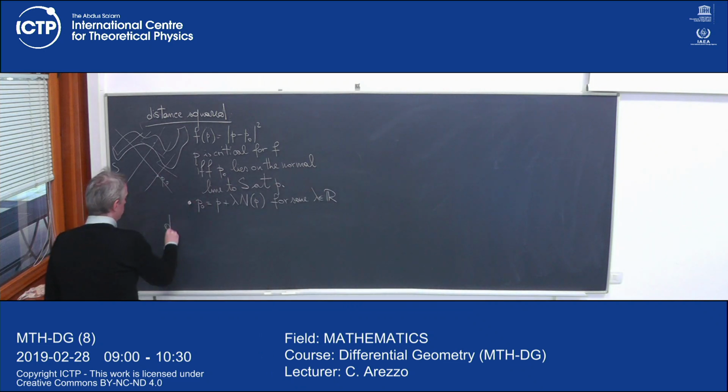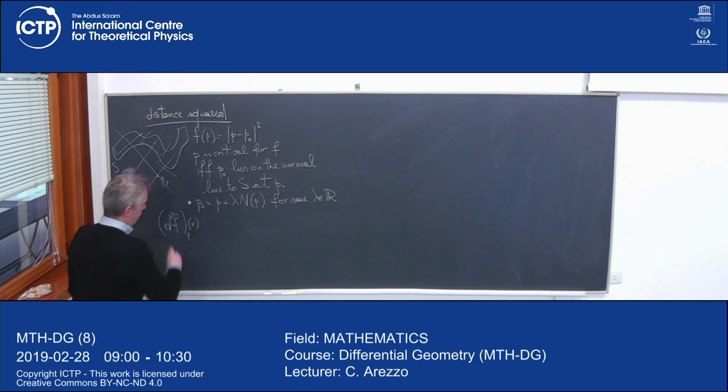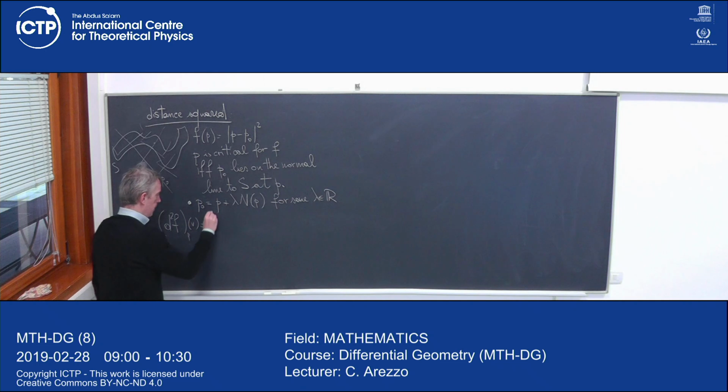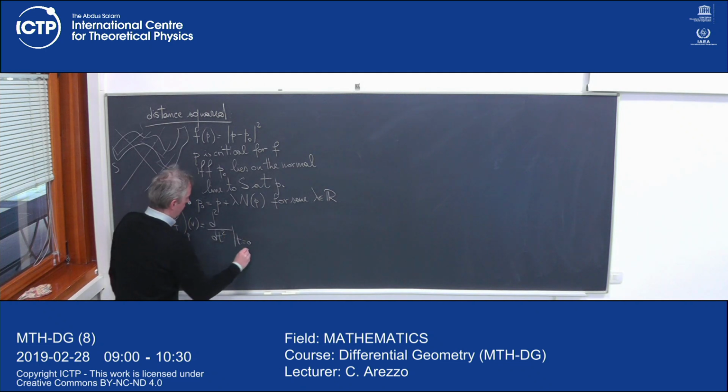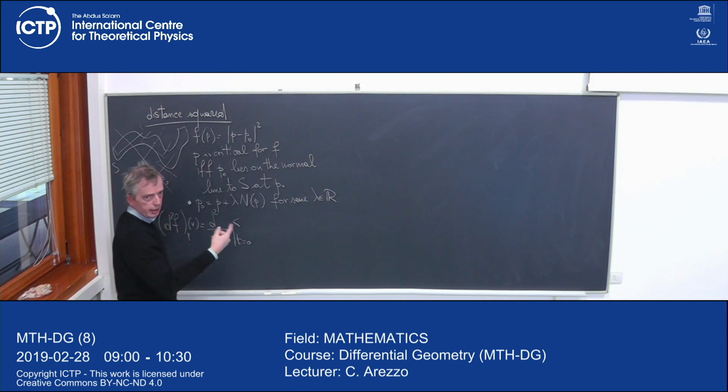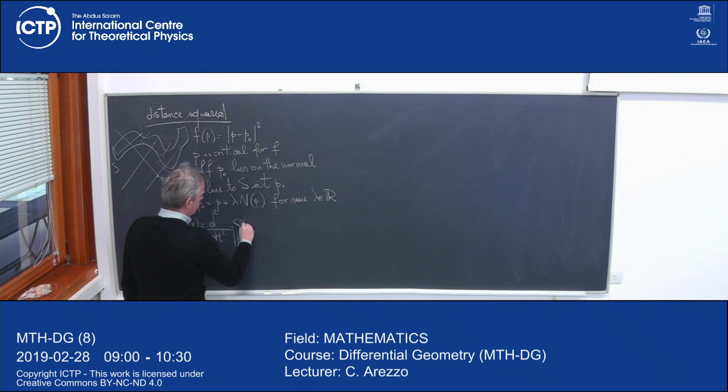So D2, the Hessian of F at the point P applied to a vector V, now is what? Okay, it's the second derivative of F composed alpha. So I go and see what is F, and P becomes alpha of T. Now, instead of writing like this, I write it as the scalar product with itself, because I prefer to see it.